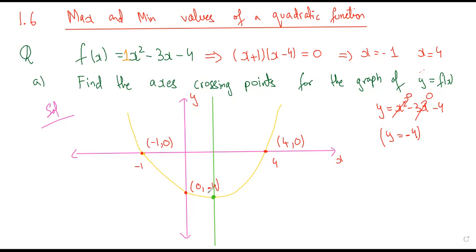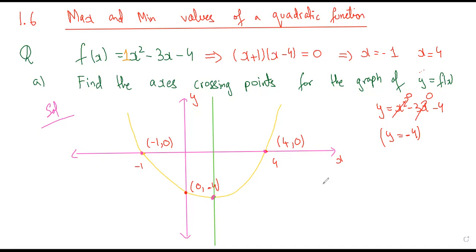I know in case of my graph it doesn't look like the graph is symmetric, but it is supposed to be symmetric. How do we find it? We know that this x coordinate is minus 1, this x coordinate is 4. So this would be the midpoint of minus 1 and 4.